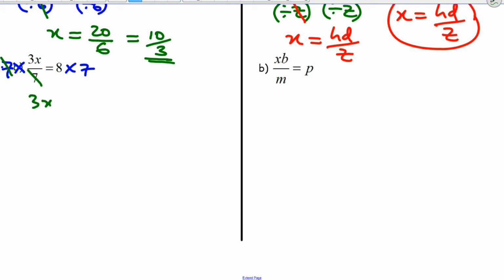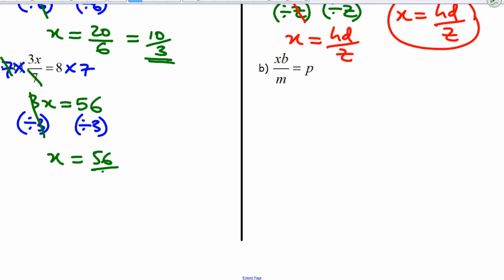So 3x is equal to 56. And then the opposite of multiplying by 3 is divide by 3. So you divide by 3 on each side, which means, and the 3 divided by 3 is 1. So x will be equal to 56 over 3. And that will be our final solution.